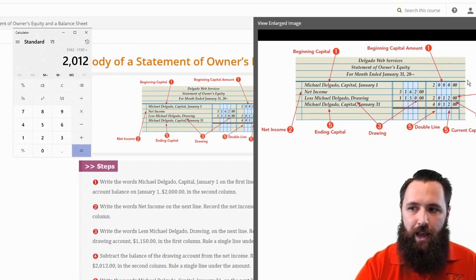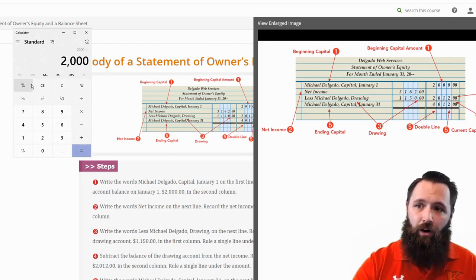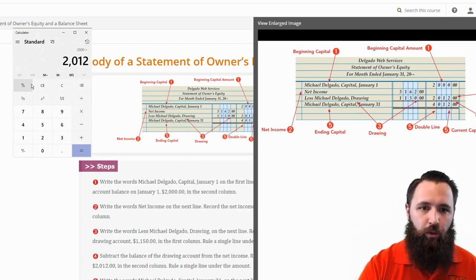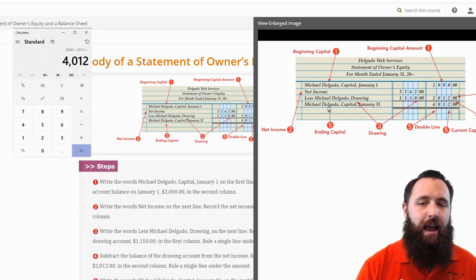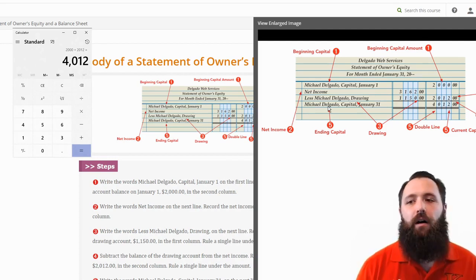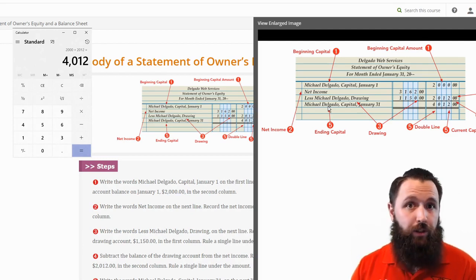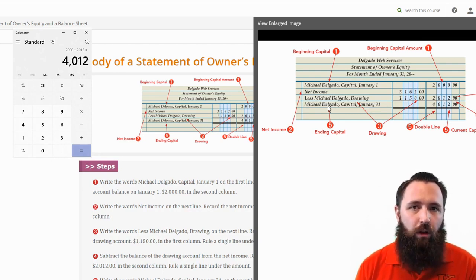So what we do is we take that beginning capital of $2,000, and then we add the addition to our capital, which we just determined was 2012. What do we end up with? Now we end up with an ending capital, or here they write it Michael Delgado capital for January 31st, so the end of the fiscal period, and that new number is going to be 4,012.